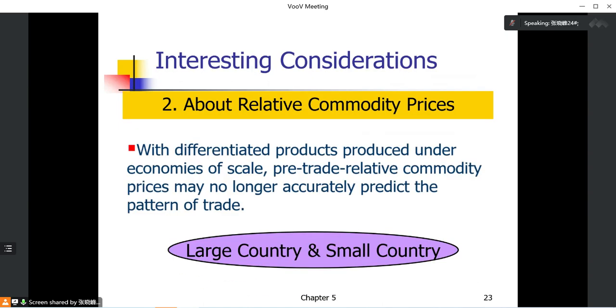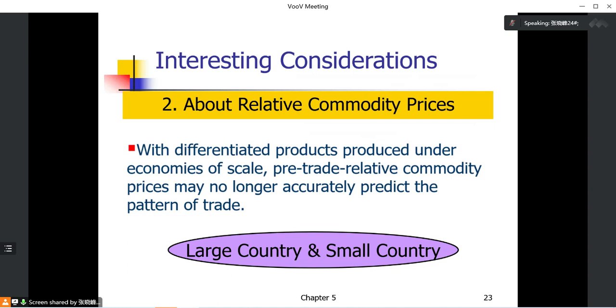About the relative commodity prices, with differentiated products produced and economy of scale, free trade relative commodity prices may no longer accurately predict the path of trade.